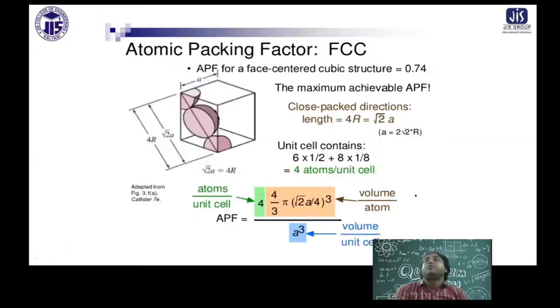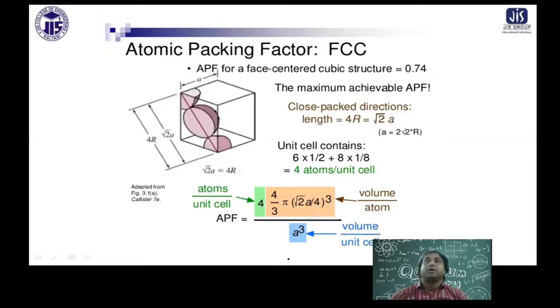And for the FCC structure, you can see a square plus a square is equal to 4r square. Okay, so 4r is equal to root 2 a, and from here you get the value of r is equal to root 2 a by 4.